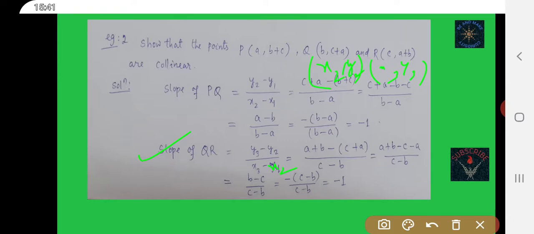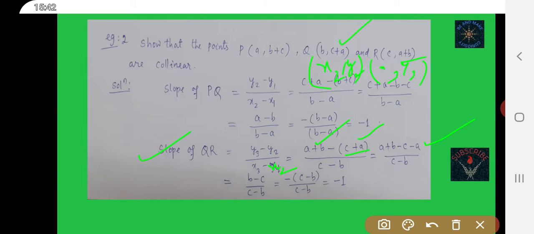So y3 is a plus b minus y2 which is c plus a, two terms, so keep in bracket, and then you open the bracket, then you get a plus b minus c minus a.